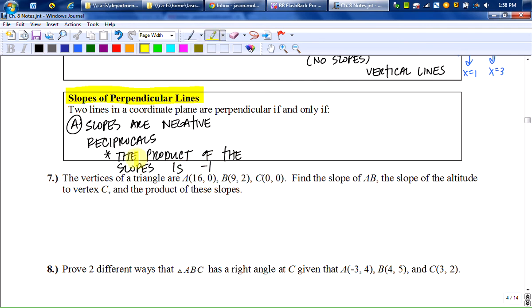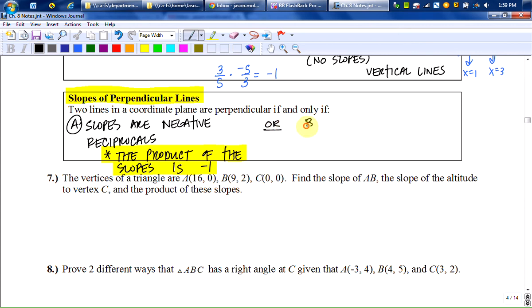This doesn't seem all that important, but there are times where we might actually use this. It might come in handy. We might not be able to compare the slopes because they're variable slopes, and so they're not as tangible, but we could multiply the two slopes and see if their product is -1. So for example, if I had a slope which was 3/5, the negative reciprocal is -5/3, and their product is -1, which just helps me verify something that in that case is really obvious.